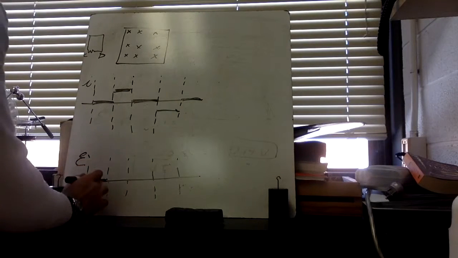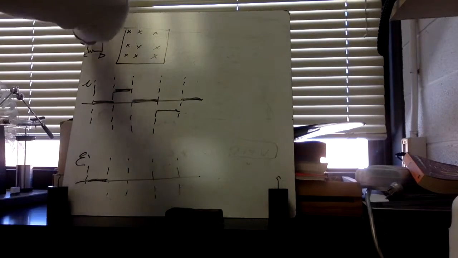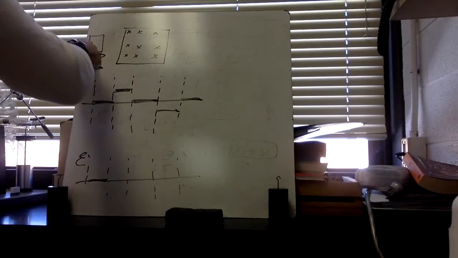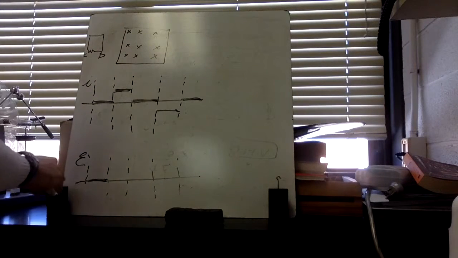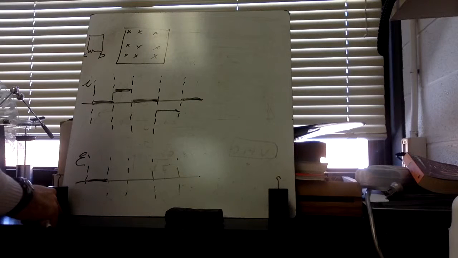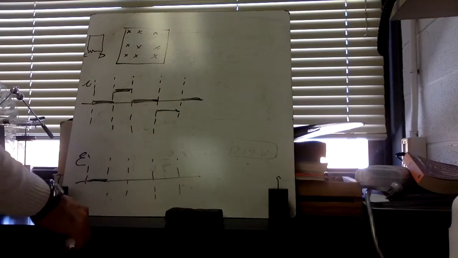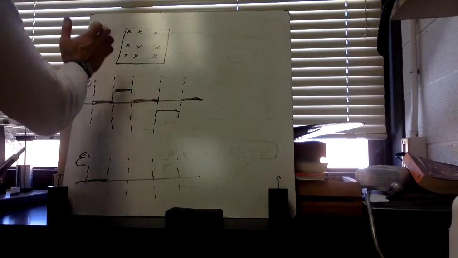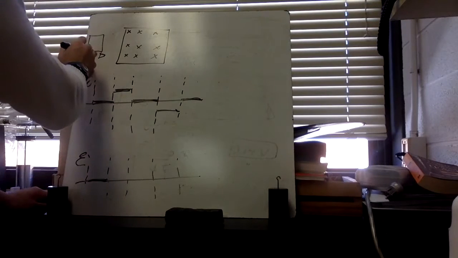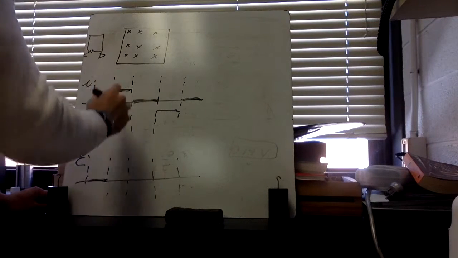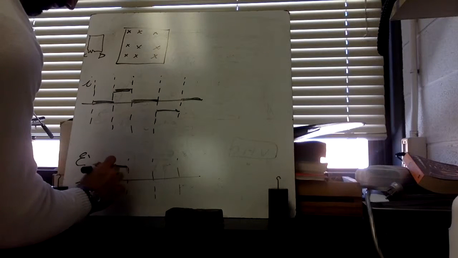And now if the current is going this way, then that means I have a higher potential at D than at C. Wait, let's see. Oh no, it's going counterclockwise at this point. So I have a higher potential at C than at D. And so that makes this positive based on the key.